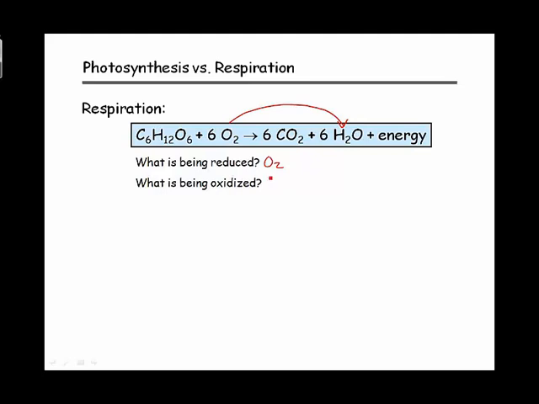What will be oxidized in the process is going to be our organic molecule, which is the glucose. Now when this gets oxidized, it's going to turn into carbon dioxide. We said it is going to be an exergonic process in the end, so we will be releasing some energy. That energy is used to make ATP.